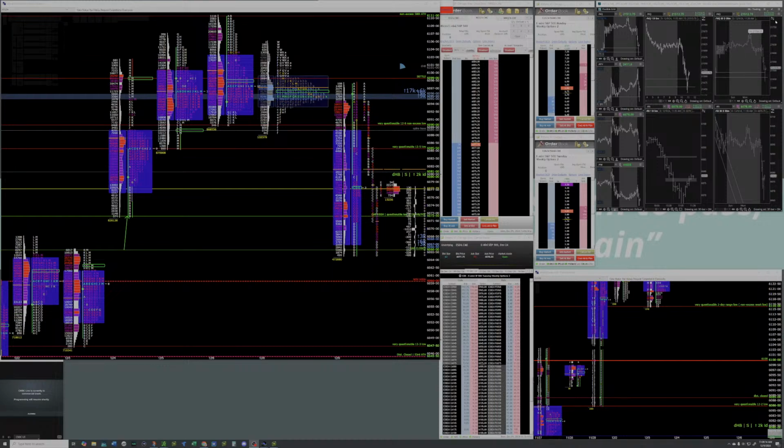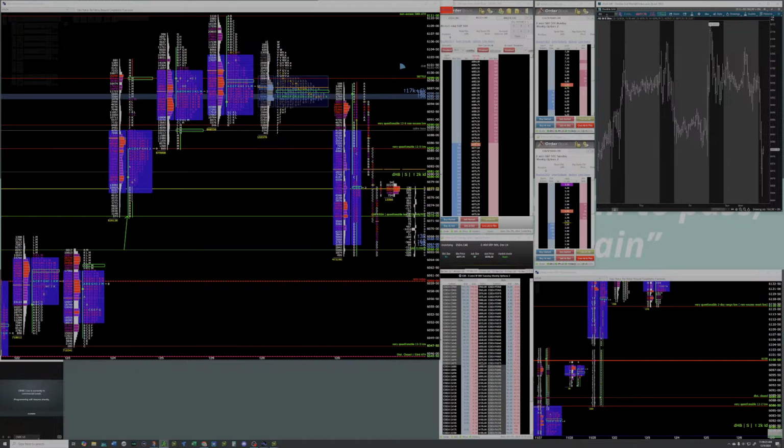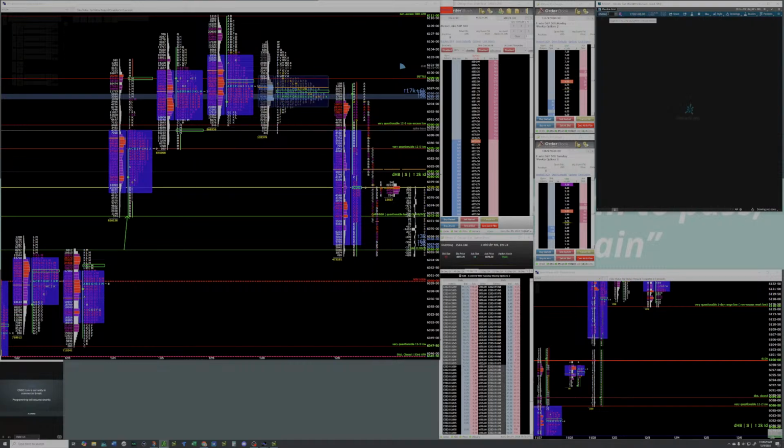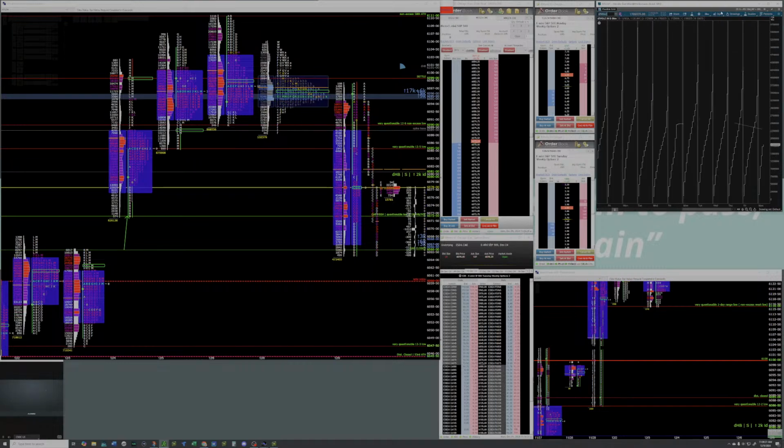Regarding volume, look at the volume here. Look at the volume we have from the opening.